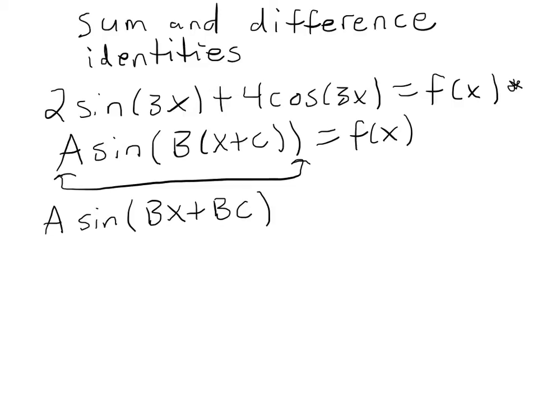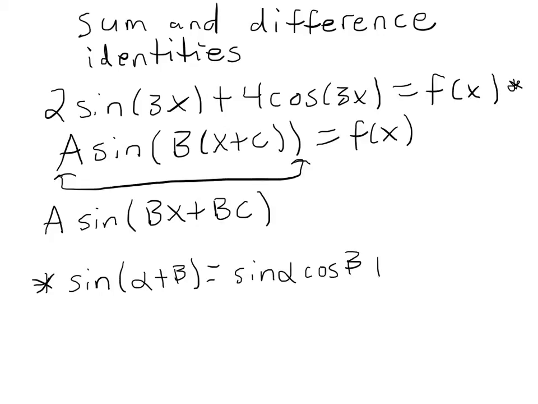So I'm recalling that one of my new identities is that the sine of alpha plus beta equals the sine of alpha times the cosine of beta plus the cosine of alpha times the sine of beta. That's one of my new identities right there.